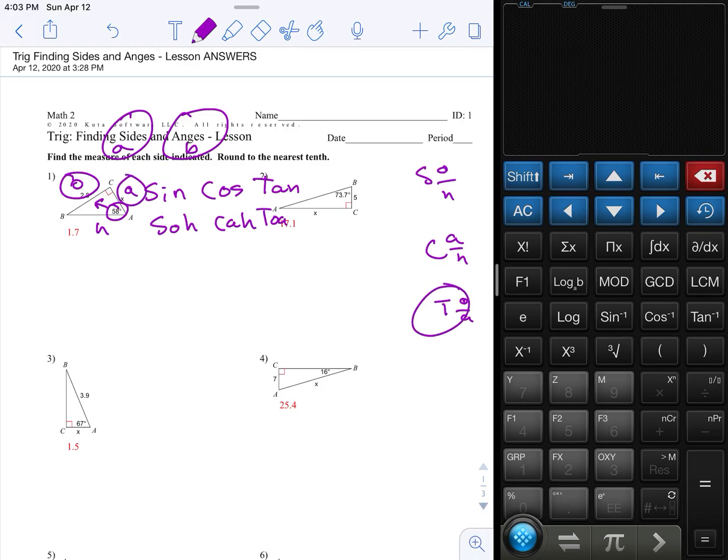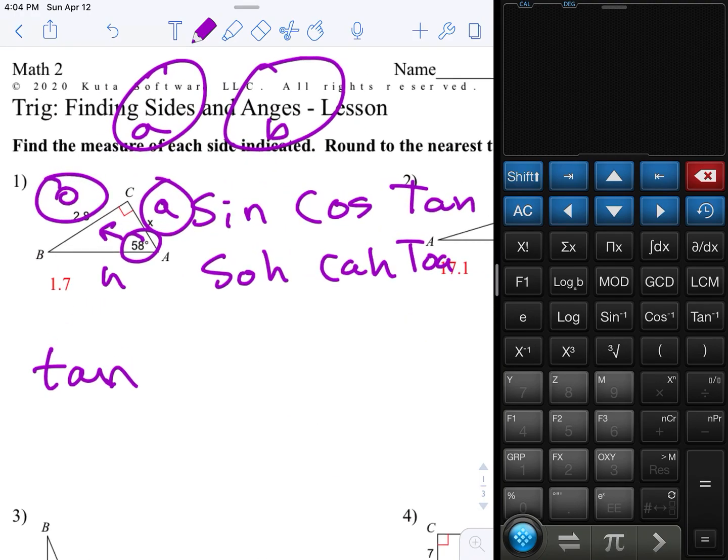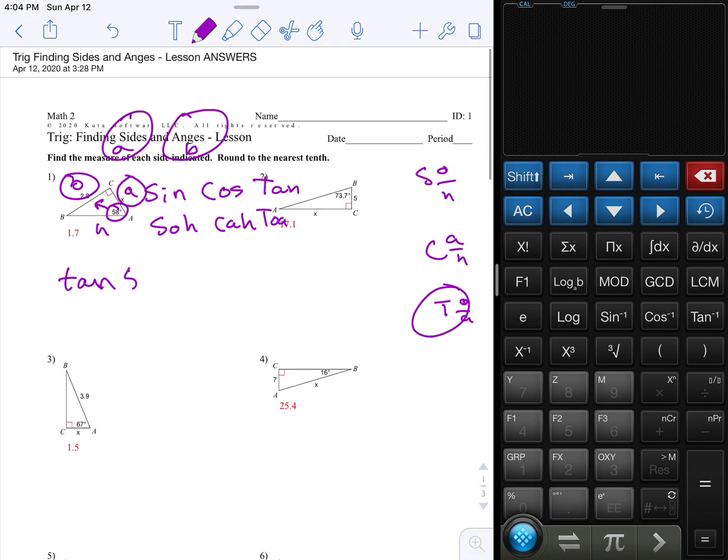That's tangent. Now you name the angle. The angle always goes with the function. So tangent 58 equals opposite over adjacent. The opposite goes on top, 2.8 over x.